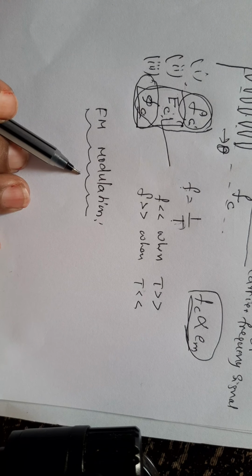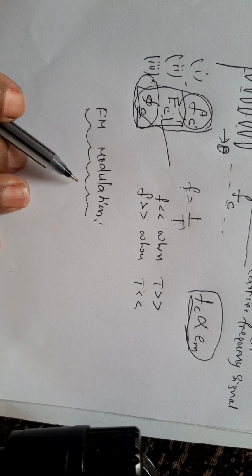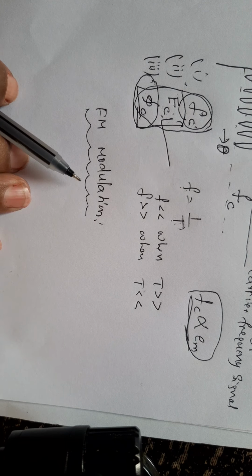The graphical representation consists of representing the message signal, representing the carrier or radio frequency signal, and representing the resultant frequency modulated signal. Let us consider how we can represent the frequency modulated signal.